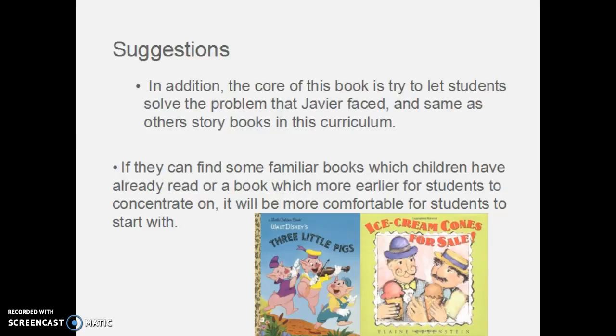It's easier for students to understand, and all children like ice cream, and it's easier to get them interested in this book. And also the 3 Little Pigs. Many students learn these books at an early age.